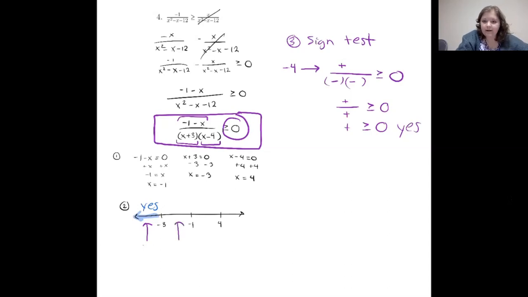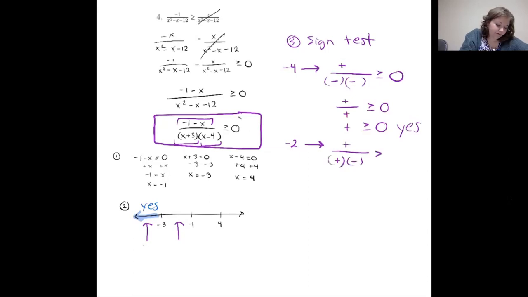So next, we'll plug in a number between -3 and -1, so -2. On the top, we have -1 minus a -2, so that's -1 plus 2, which is positive. On the bottom, we have -2 plus 3, which is positive, and then -2 minus 4, which is negative.